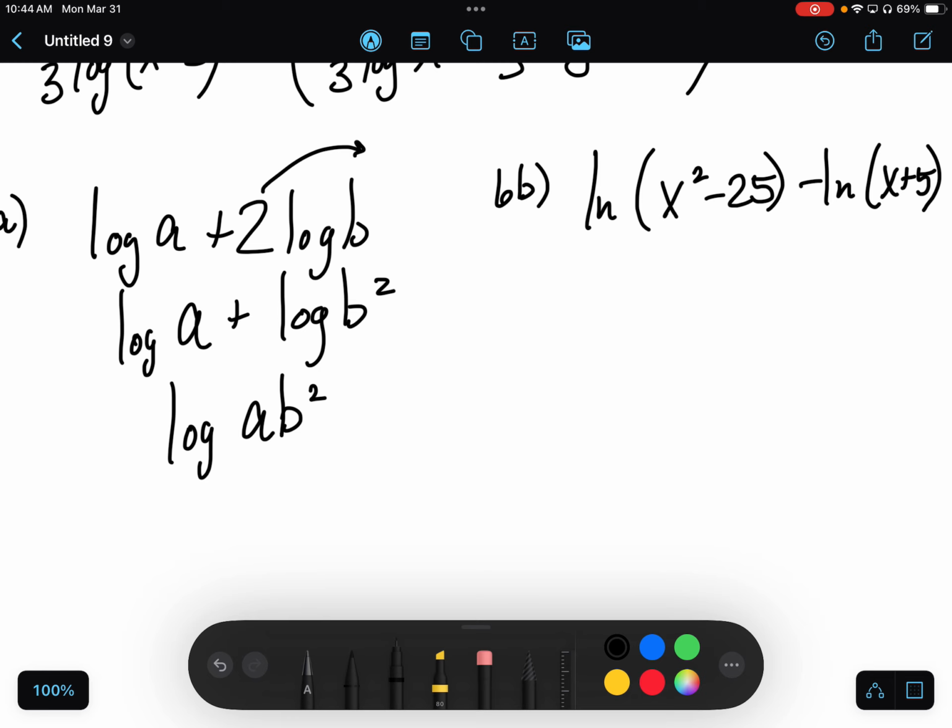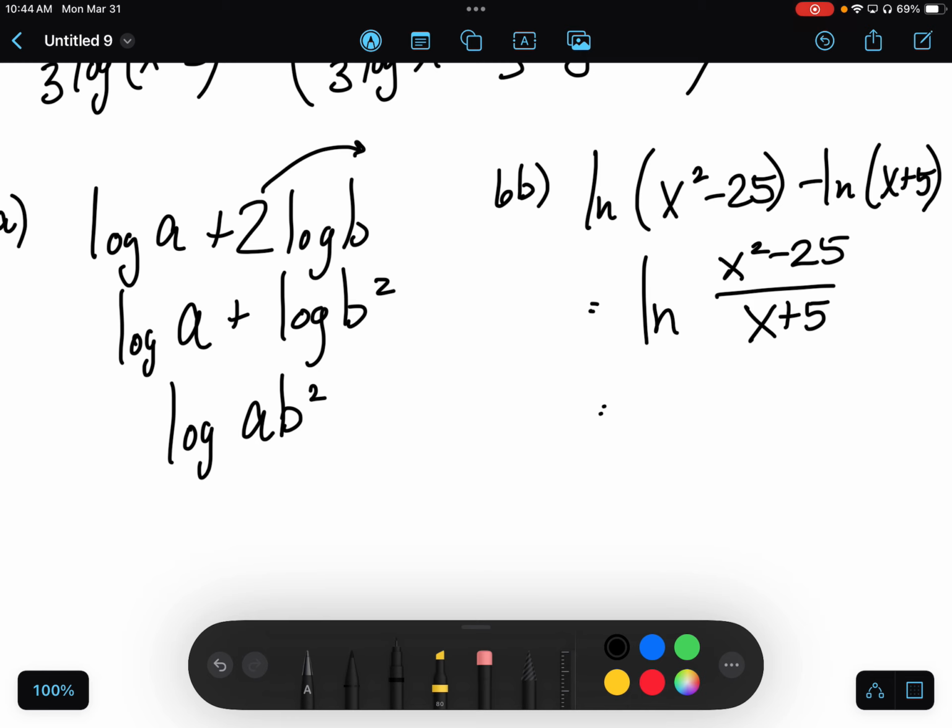Okay. Then from here, there's no exponents in the front, so I'm not going to move them up. So now how do I combine subtraction? Divide. And to be fair with you, right now that's pretty good. However, it's not reduced.